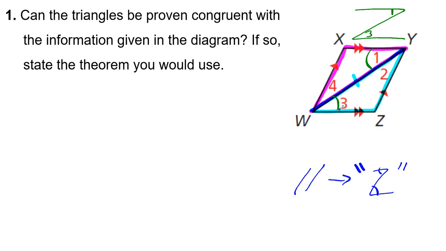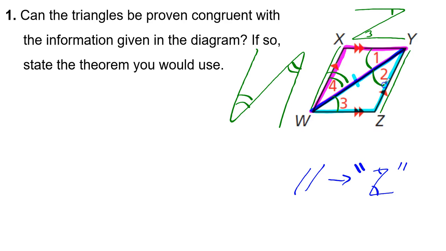Well, if you look sideways, because we have XW and YZ to be parallel, we have another Z pattern. So we have angle 4 and angle 2 congruent. This one is congruent to this one.